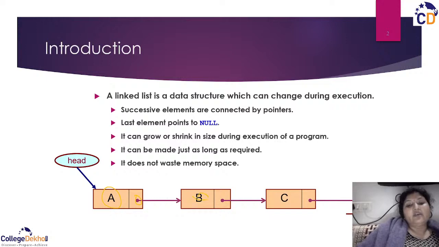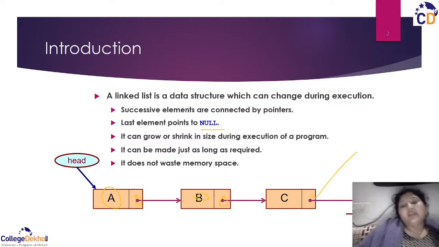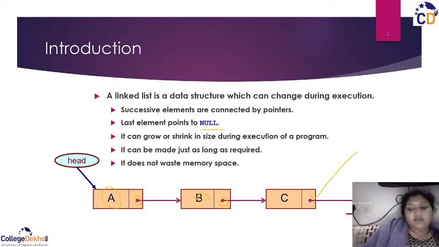The address of B is stored in the next part of element A, and the address of element C is stored in node B. This is how we proceed. And the last element of the list will have the address as null. So this is how we have our node structure in a linked list. Let us see.